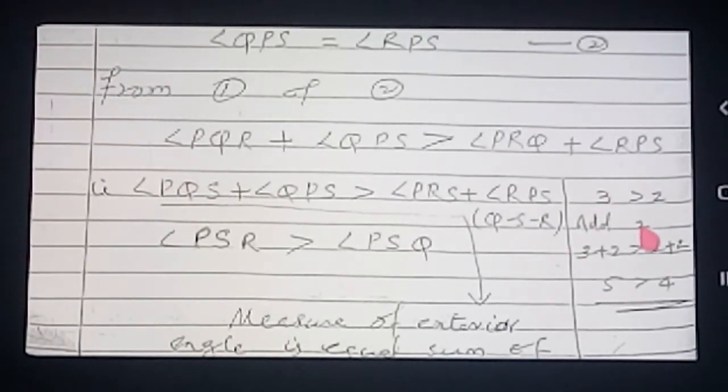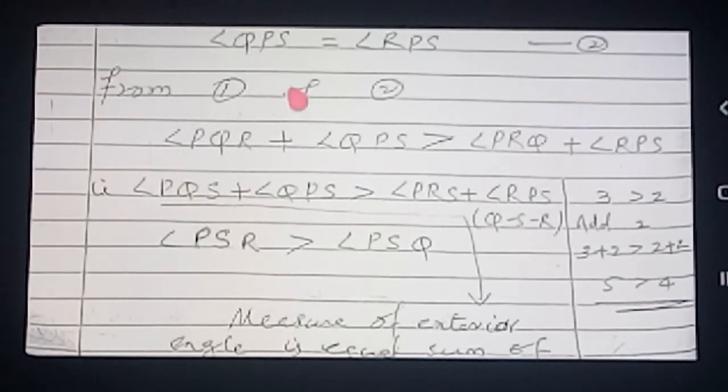Adding 2 on both the sides, the inequality never changes, because we are adding the same number on both the sides. Here 3 plus 2 is equal to 5. Here 2 plus 2 is 4. So very clearly you can understand that 5 is greater than 4.